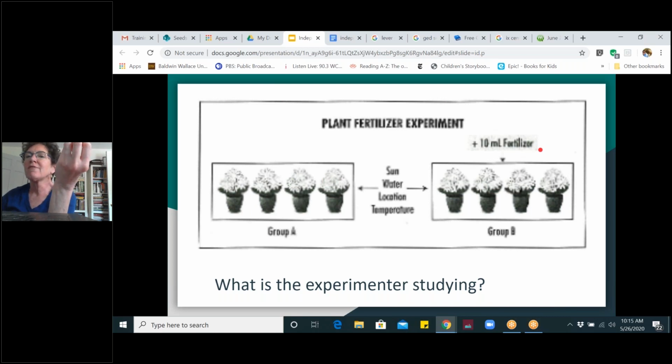Or do you think of it as the dependent variable depends on the independent variable, because we're trying to see, if I change this one independent thing over here, what happens to the dependent variable? Any change in the dependent variable is because of what we did with the independent variable.